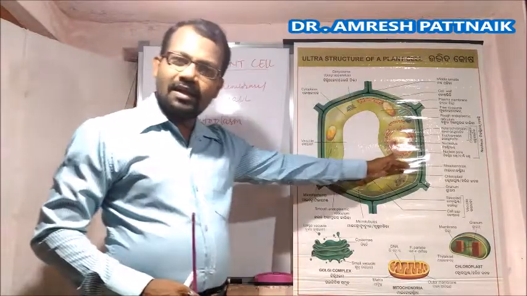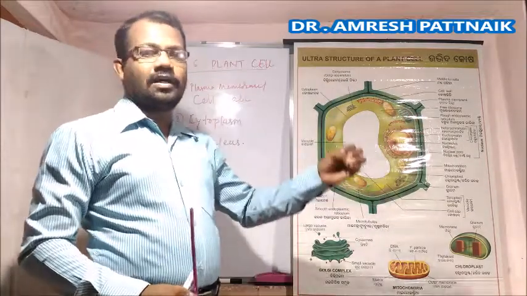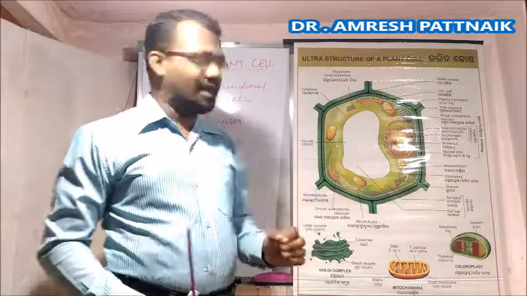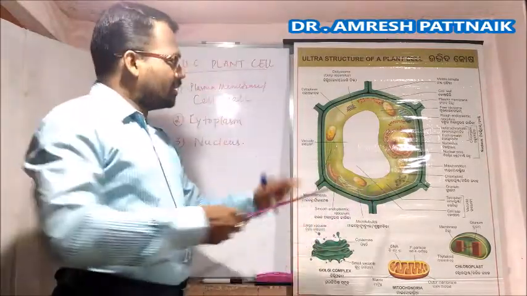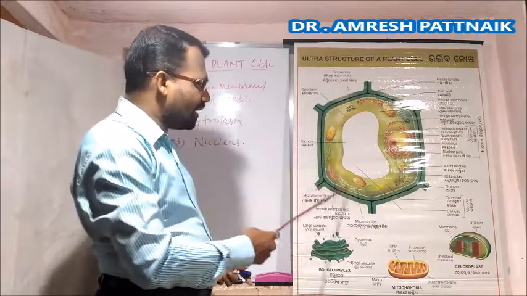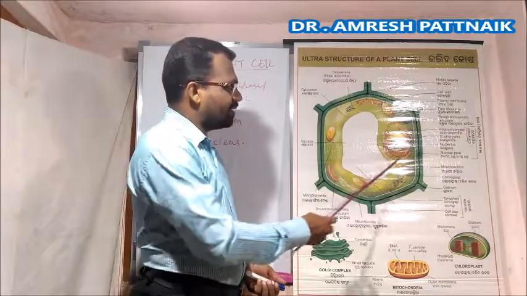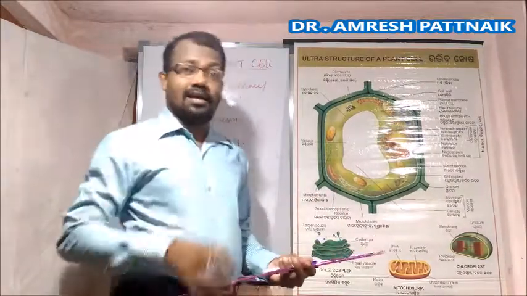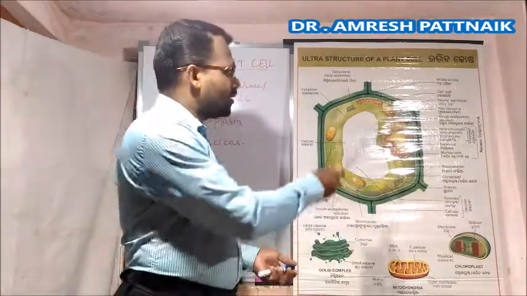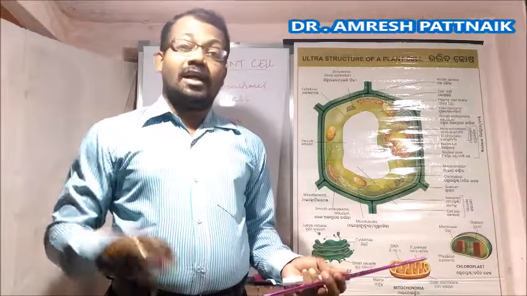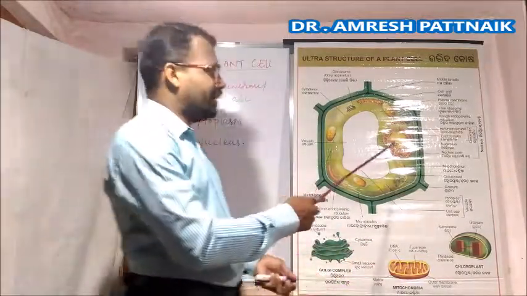Inside the cell wall, the total cell inclusion is suspended in a fluid-like substance known as cytoplasm. This total area is covered with cytoplasm, and inside you will find a bigger spherical dark-shaped body, present inside the cell, meant for control and coordination of the total cell. It is known as nucleus.